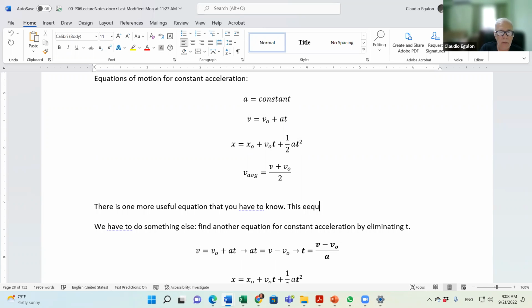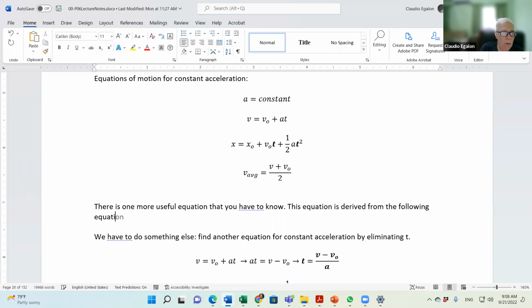This equation is derived from the following equations of motion. There's one more equation for uniformly accelerated motion that you have to know.